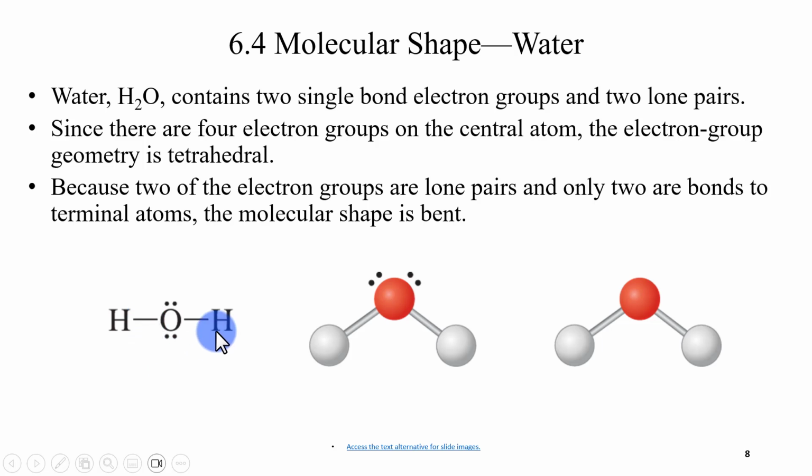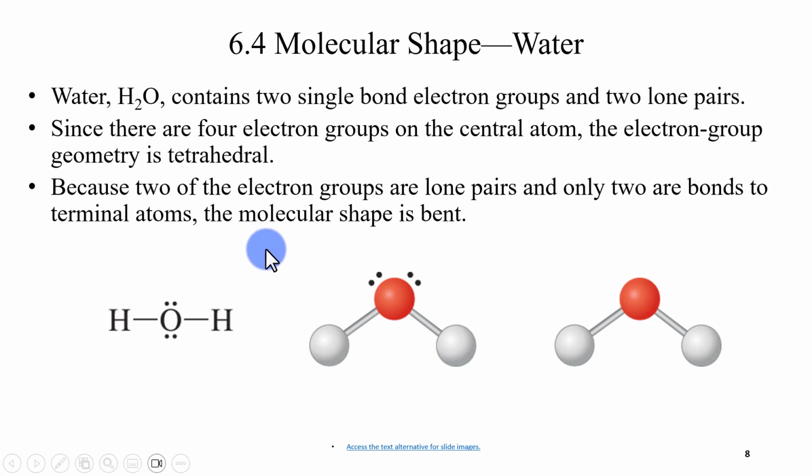I have 1, 2, 3, and 4. Since I have 4 electron groups, the electron group geometry is still tetrahedral. But now, because I only have 2 atoms bonded to that central atom, and I have 2 lone pairs, the shape of the molecule becomes bent.